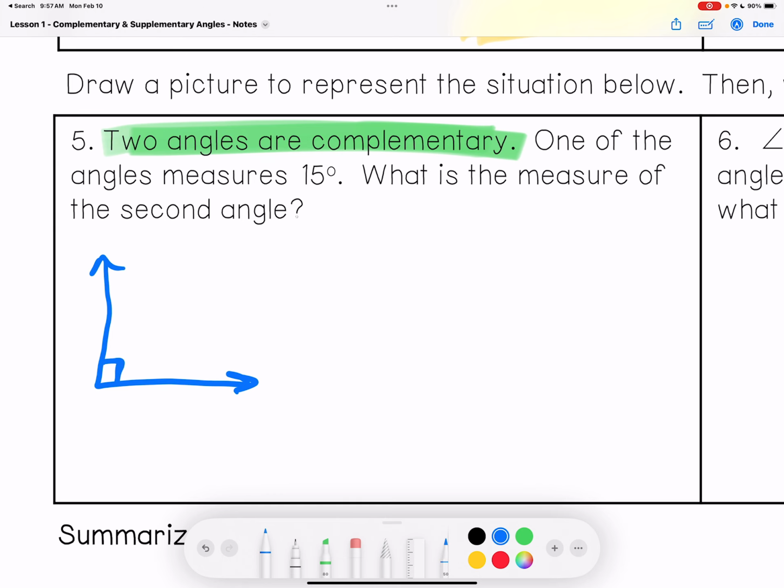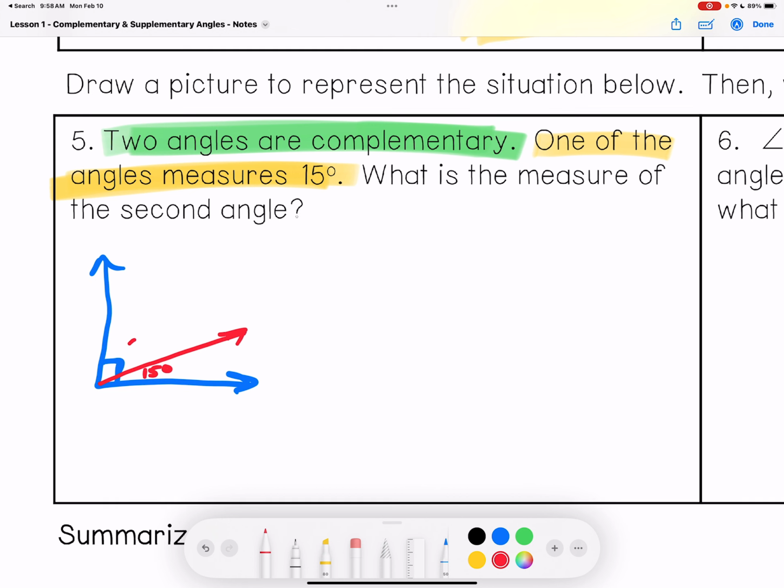That right there. One of the angles measures 15 degrees. If you had your protractor, you could draw it exactly, but I know 15 degrees isn't much, so it's probably somewhere in there. I don't know exactly, but it's okay. And that one is 15 degrees.